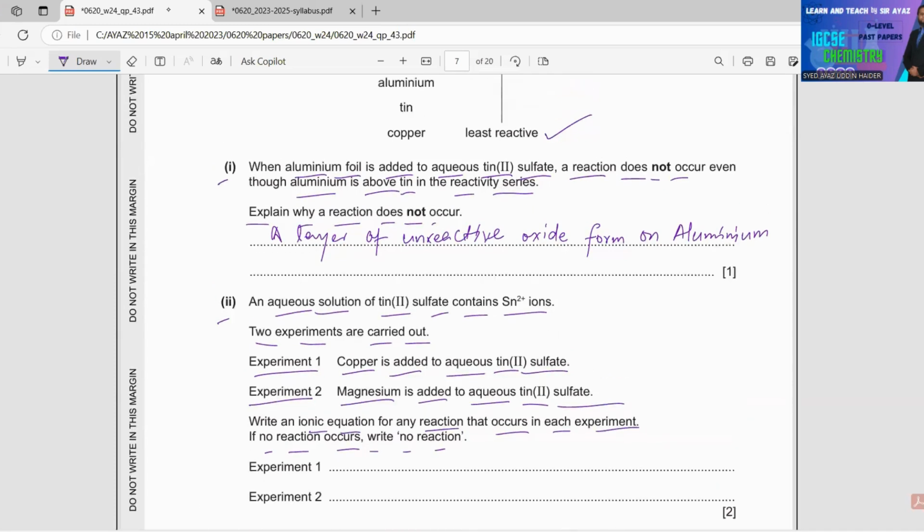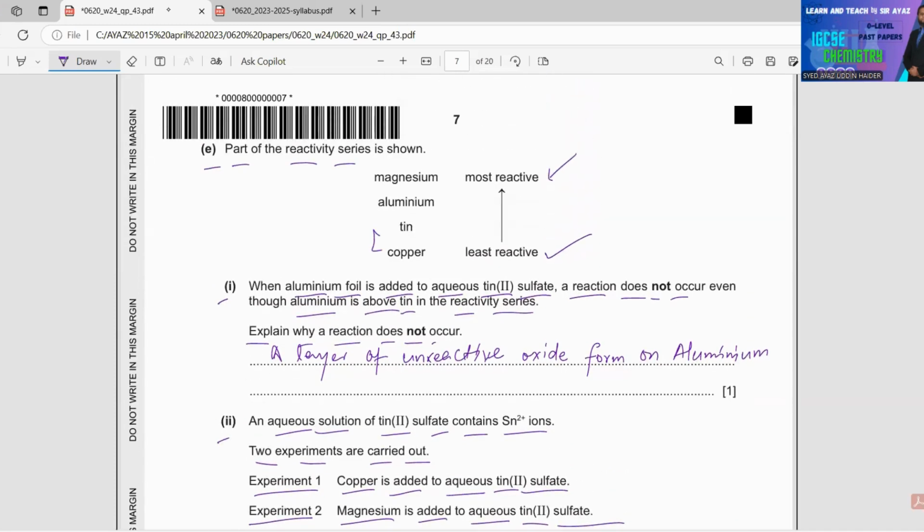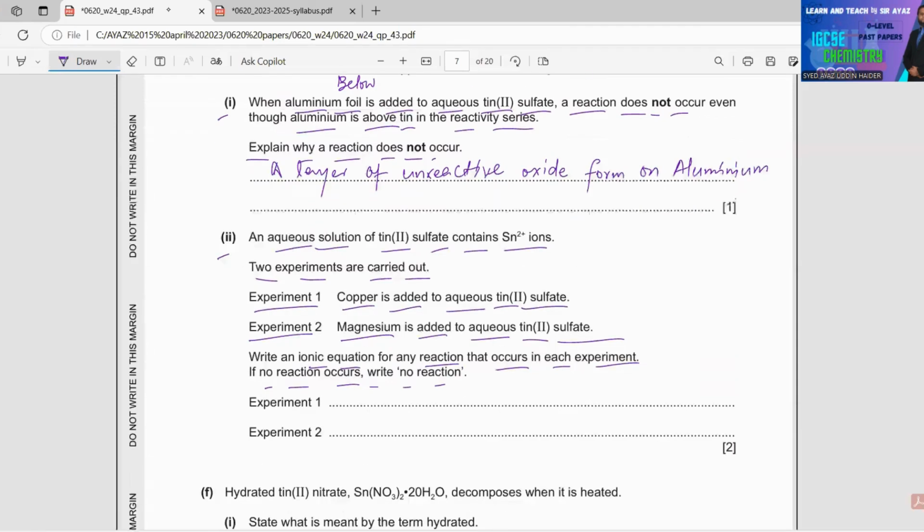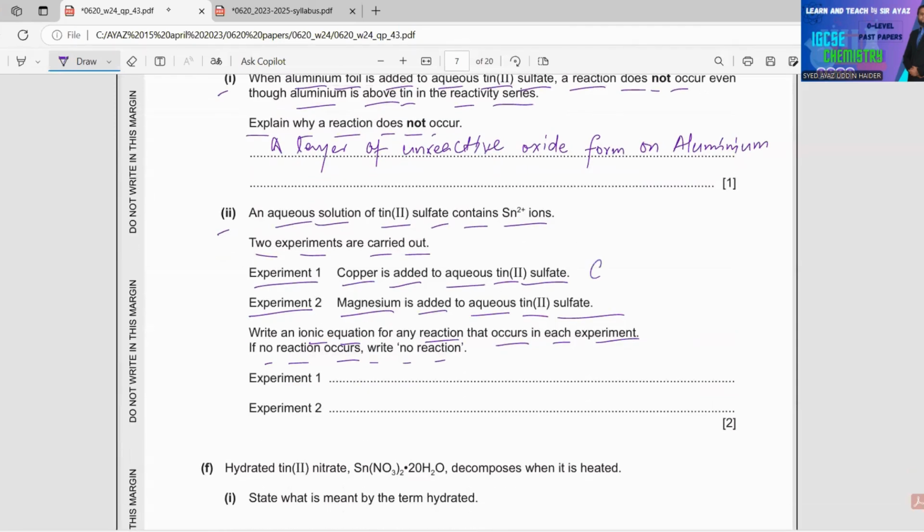If you look at the position of copper and tin, copper is below tin. So definitely a reaction is not going to happen. So you are going to write no reaction in case of experiment 1.